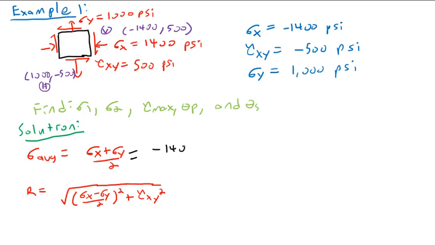Negative 1400 psi plus 1000 psi over 2 equals negative 200 psi.